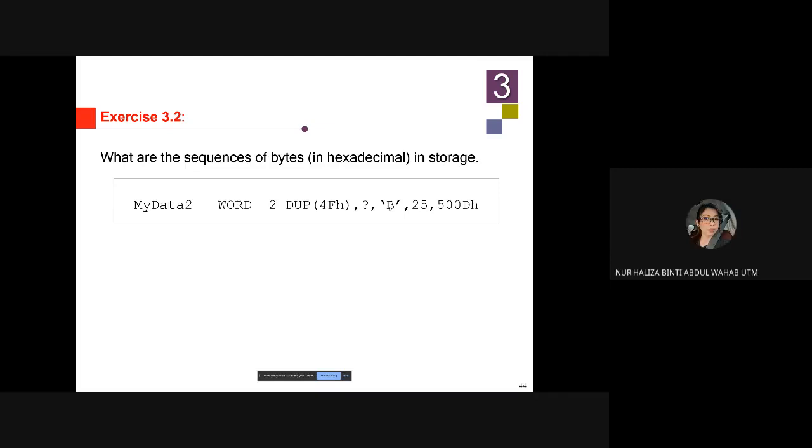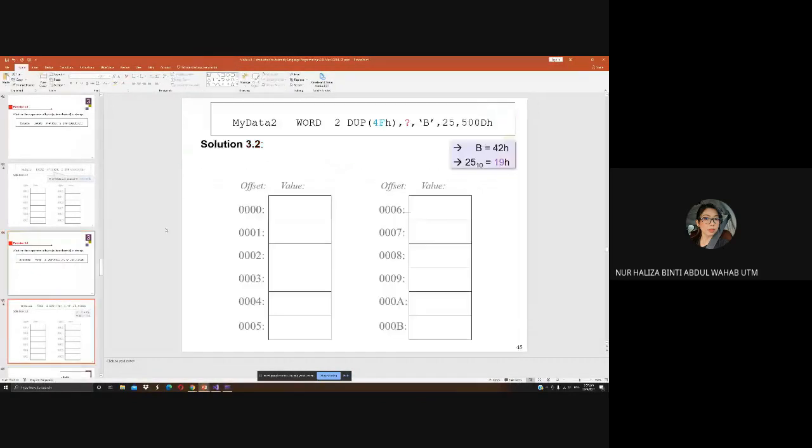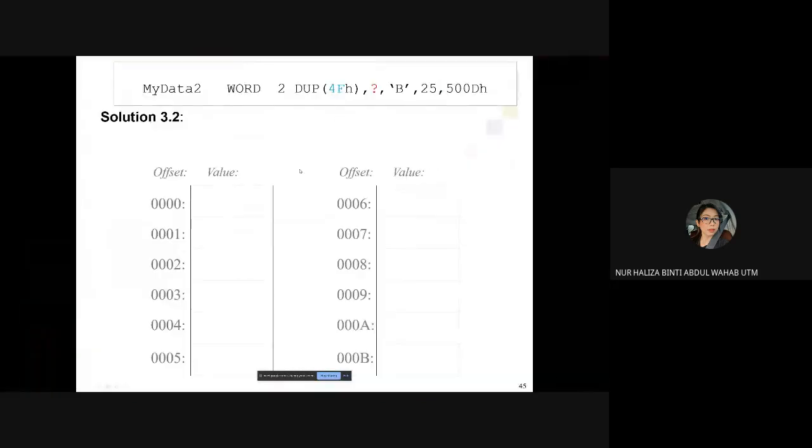So you can just find the table for ASCII, or maybe go to Google. If the question asks you, it will give you a table, because it's hard for you to memorize, right? The table for ASCII to decimal, ASCII to hexadecimal. So I'm going to write the answer.